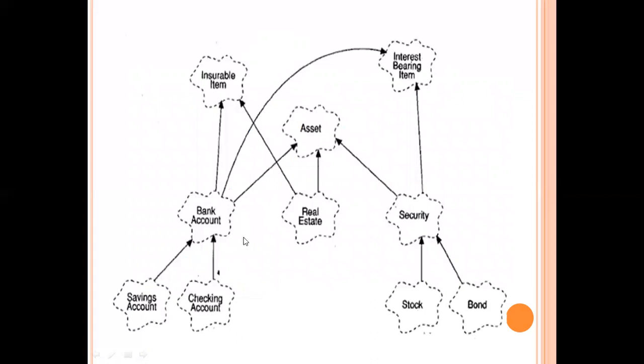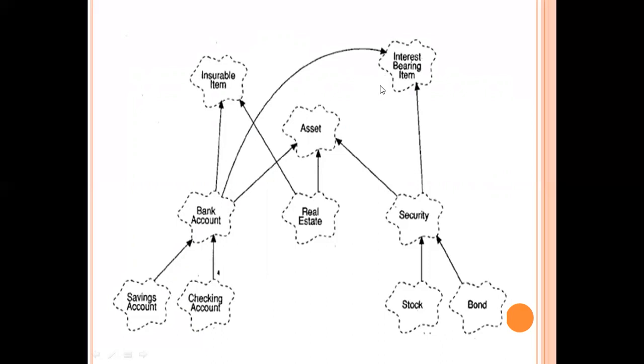Suppose here, in multiple inheritance, the bank account uses insurable item and interest bearing item.